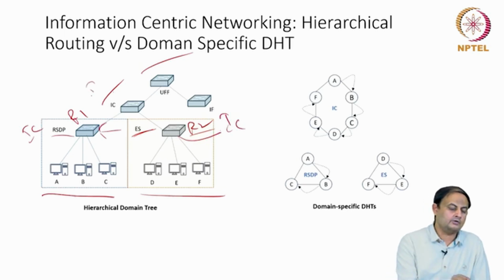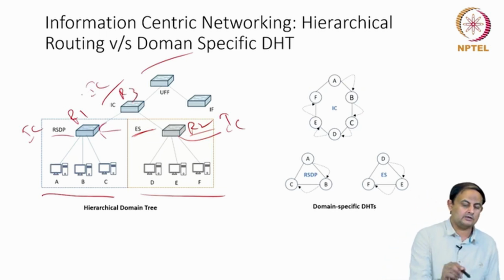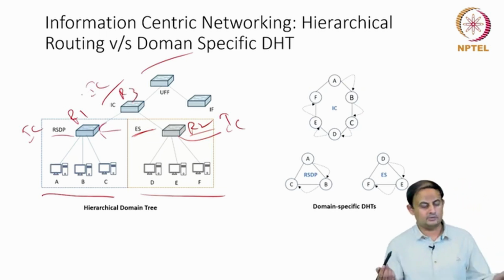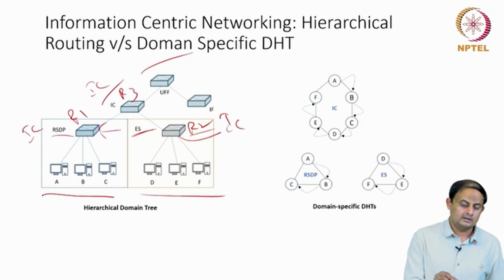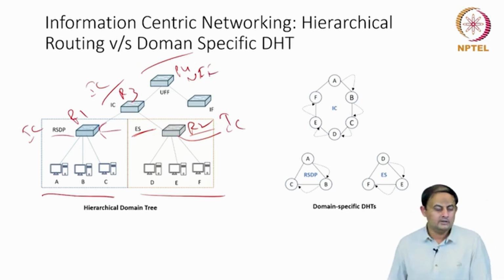Similarly, I can keep one routing table entry in this router, let's call it R3, with the prefix IC, because all of them are interested in that one. And similarly, I can keep one routing table entry with the prefix UFF in this particular router.